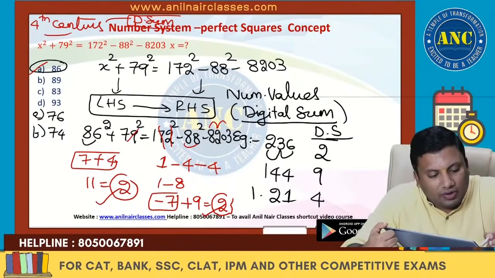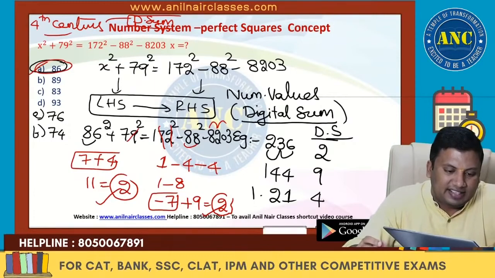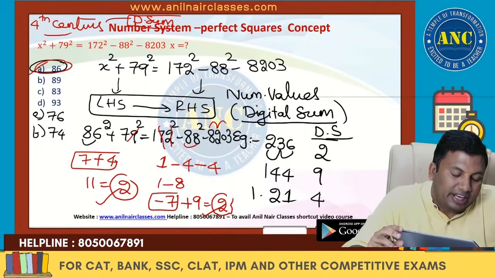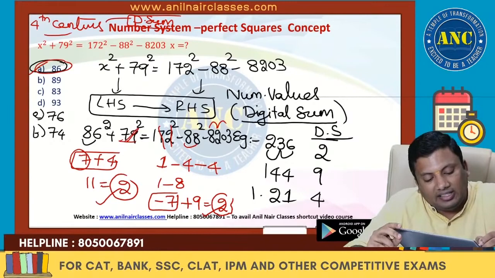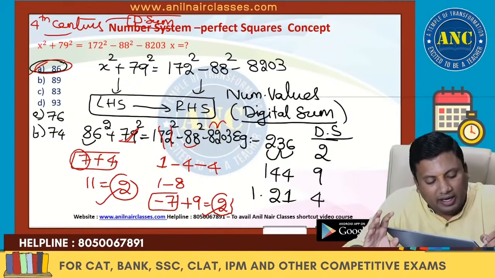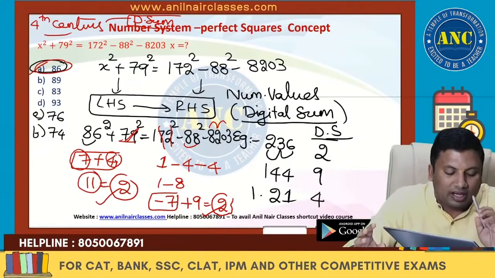So, x square, I took the first option, 86. 8 plus 6 is 14, 1 plus 4, 5. 5 square is 25, 2 plus 5, 7. 79 is 9, which is out. 7 square is 49, 9 can be deleted, 4. 7 plus 4 is 11, 1 plus 1 is 2.